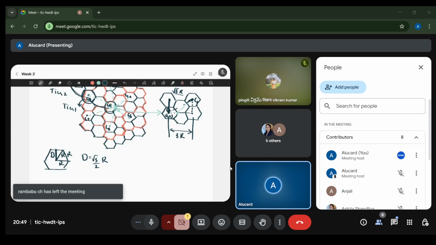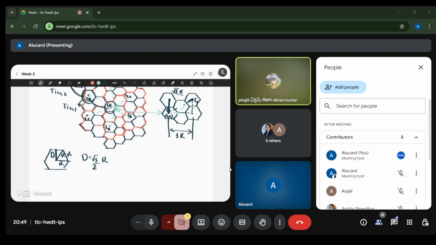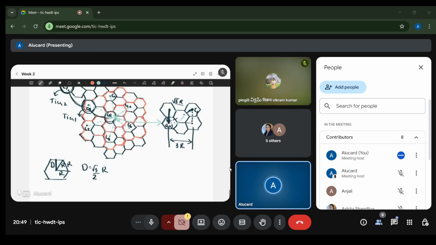Or is it root 3R? It's root 3R over 2. So that means this y distance is 2d. So this is actually 2 times root 3R over 2, which is root 3R.